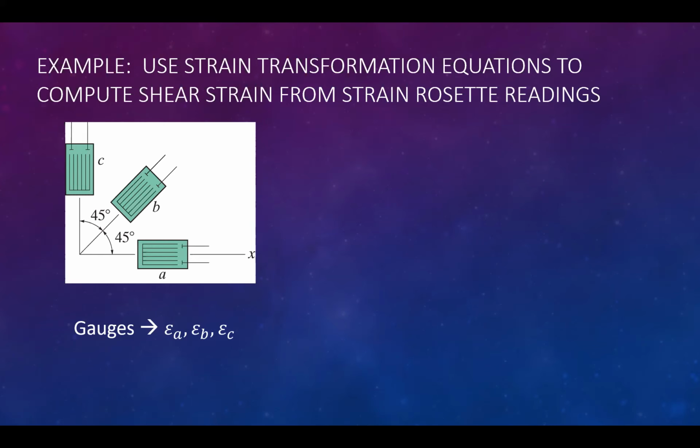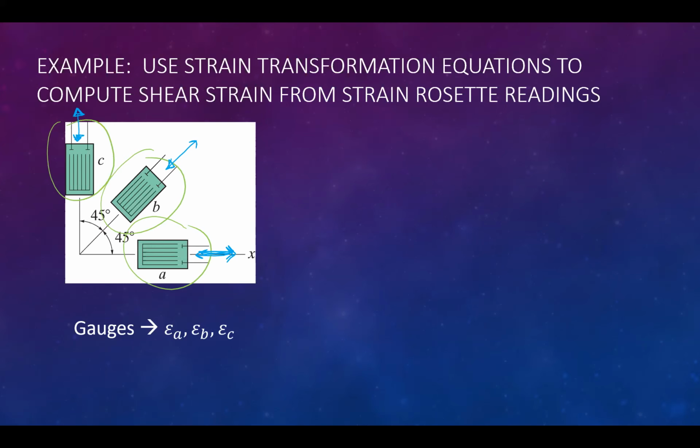And each of these strain gauges, each of these green rectangles here, A, B, and C, are going to be measuring the strain that occurs along their length. So they can measure the strain along the x-axis, the strain along the 45-degree angle, and then the strain along the y-axis. And when I say strain, I mean normal strain.